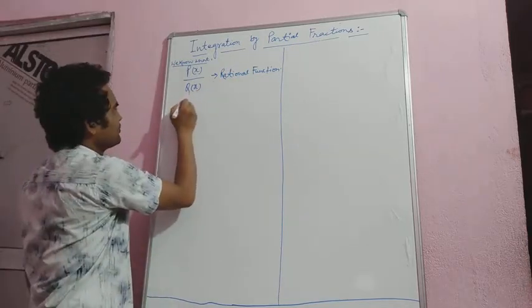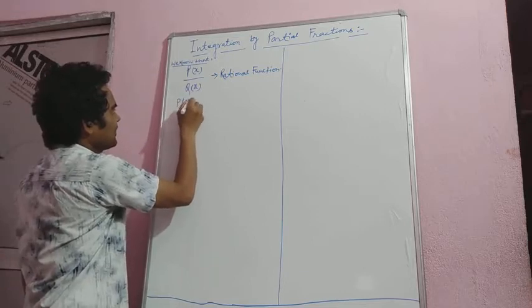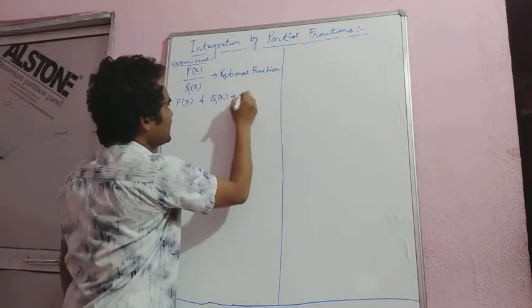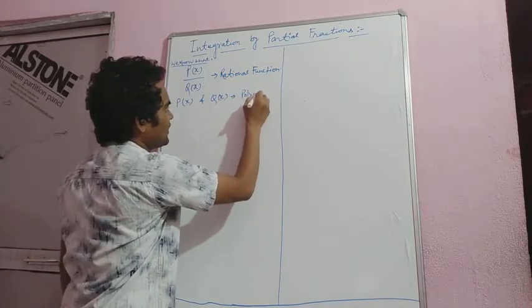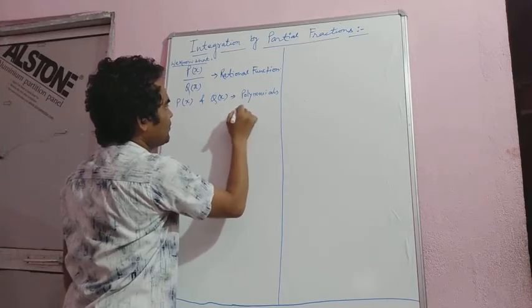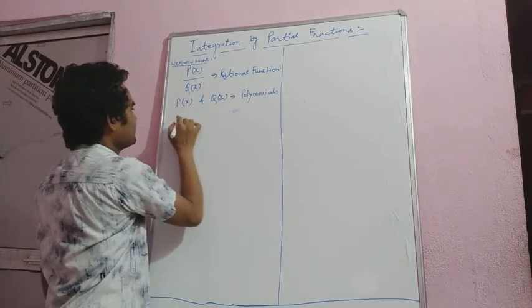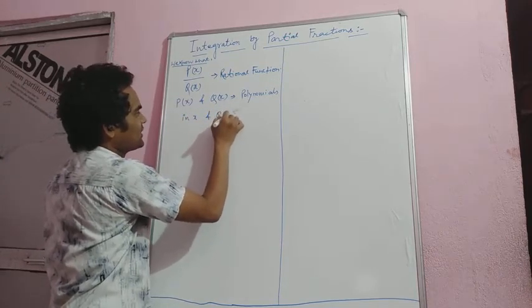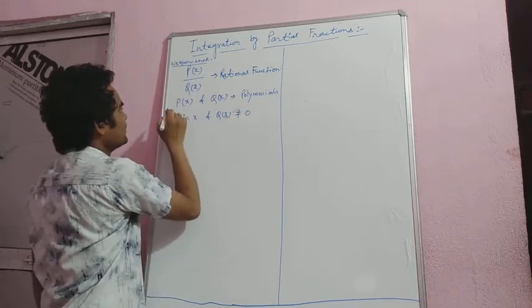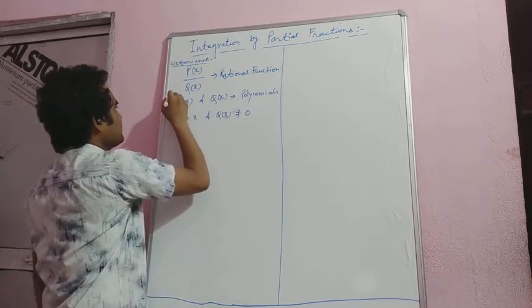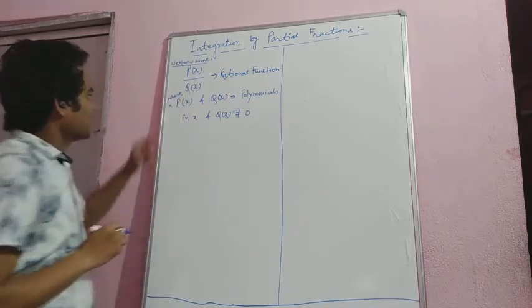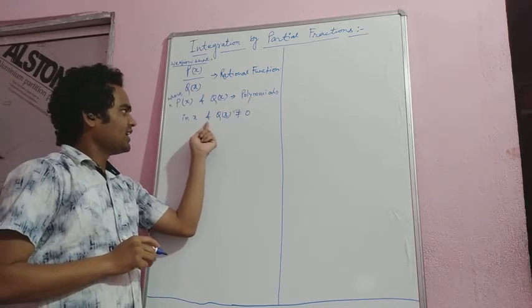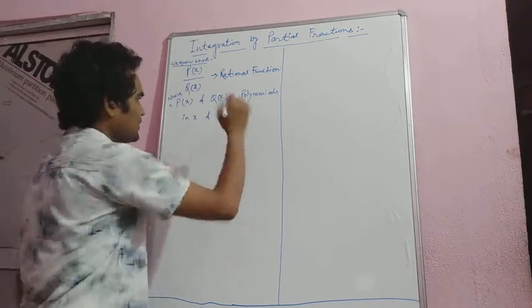Here p(x) and q(x) both are polynomials in x, and q(x) is not equal to 0.